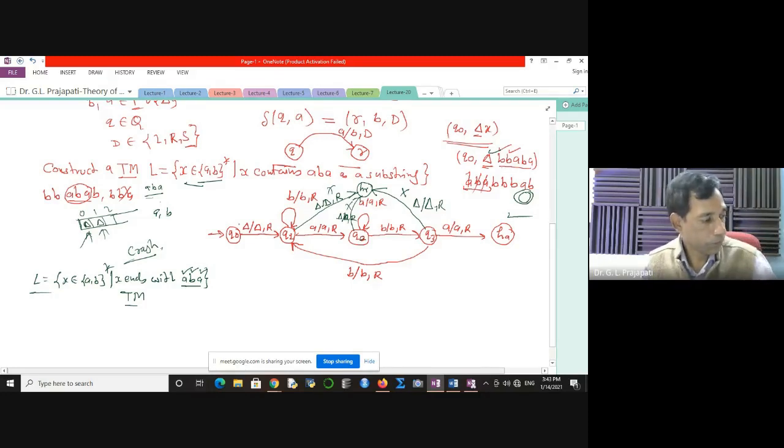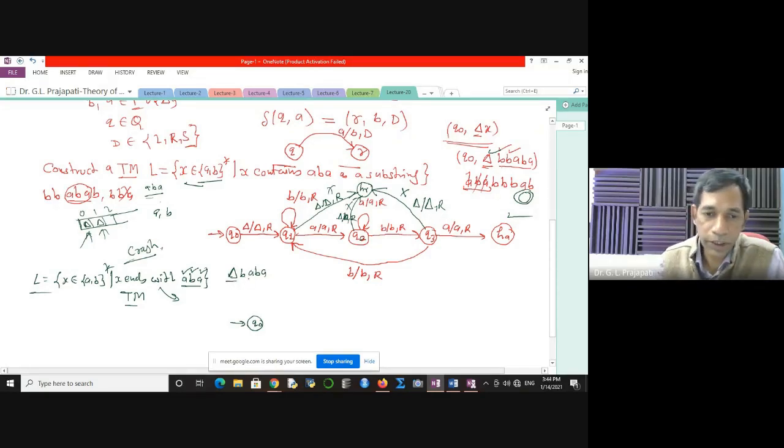So you have the situation like this, and if you go for the Turing machine for this case, how can you construct it? You can have the initial state, say Q0. Every time we have the input stored in the tape, at the beginning in square 0, and your tape head is scanning square 0.